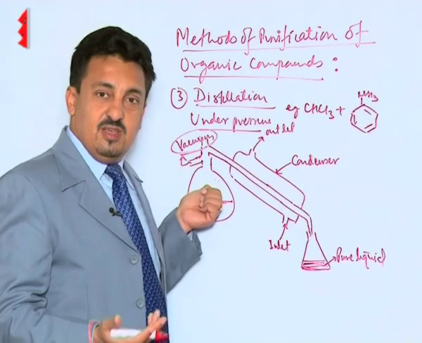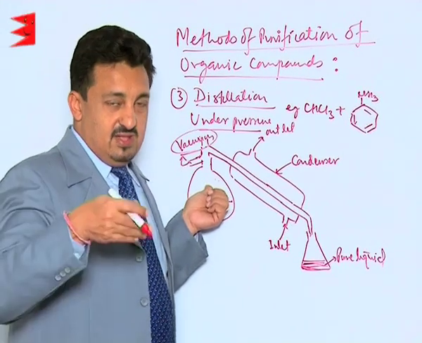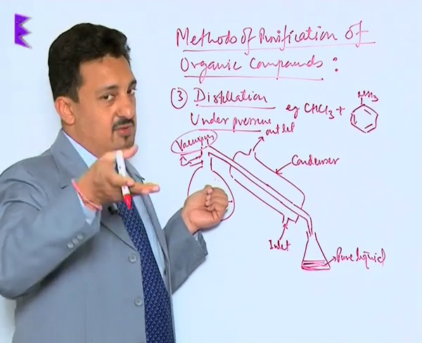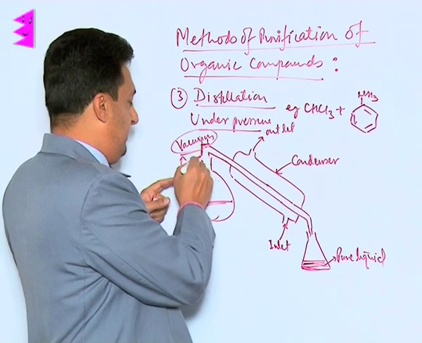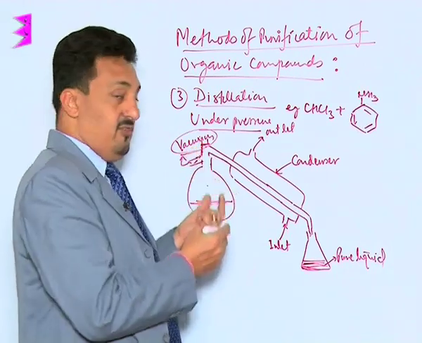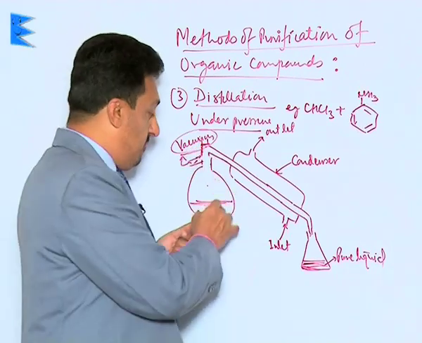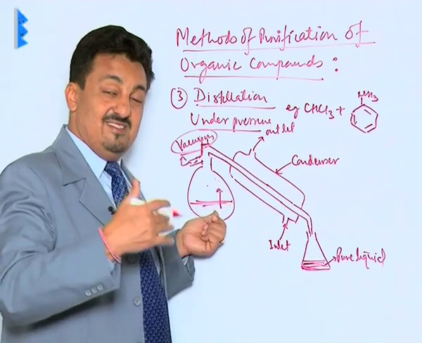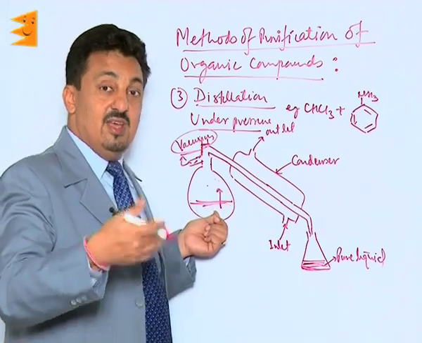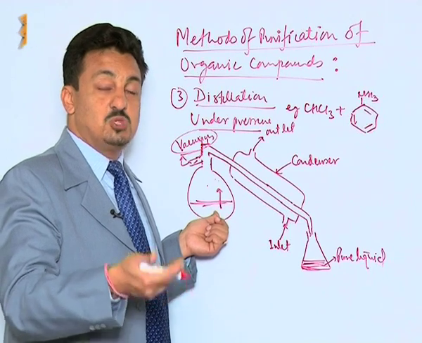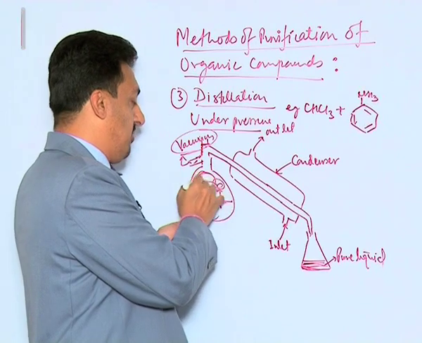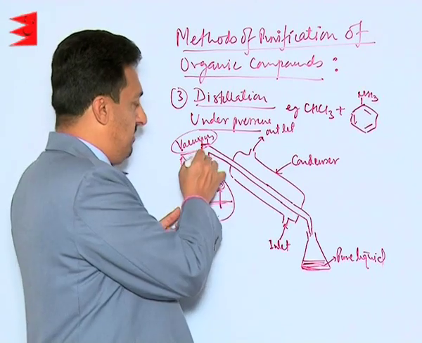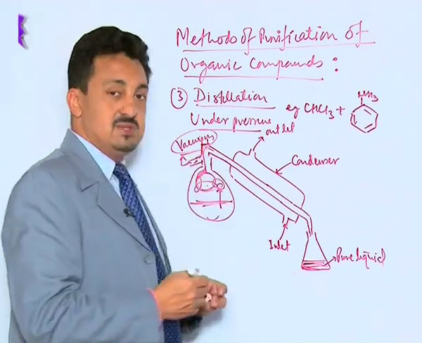You know that the boiling point is the temperature at which the vapor pressure becomes equal to the atmospheric pressure. Now this vessel is closed, and once the vacuum pump reduces the pressure, the substance which decomposes near its boiling point starts boiling at a much lower temperature, and its vapor becomes much richer and is easily condensed and separated out.